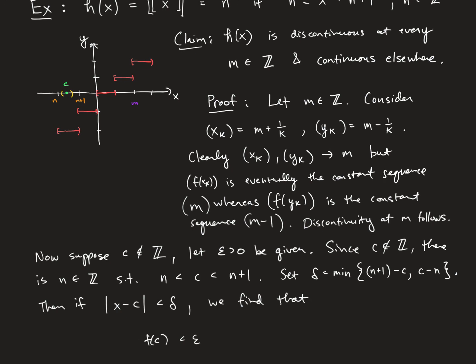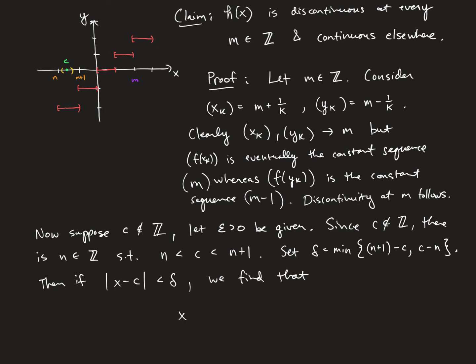So what we'll do is just take this inequality: x minus c must be less than delta, it's got to be bigger than negative delta, and delta is less than or equal to n plus 1 minus c.